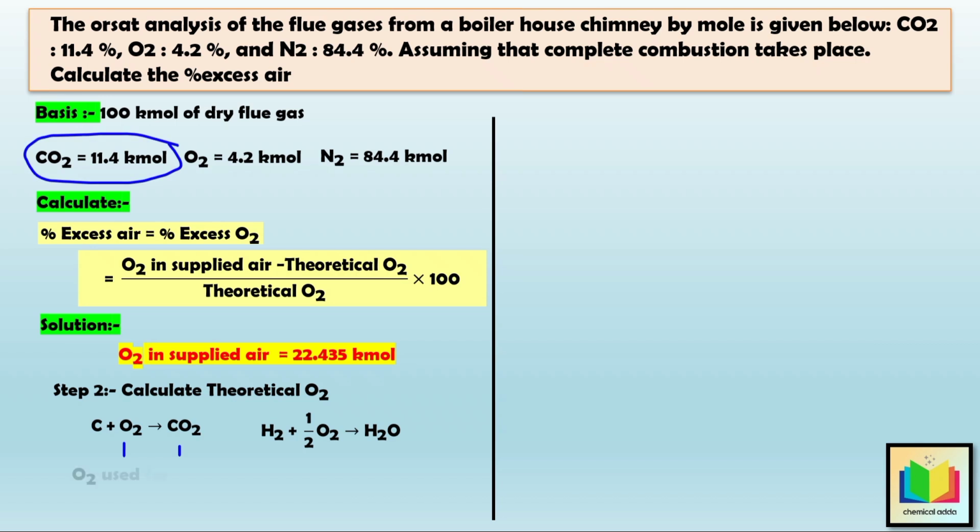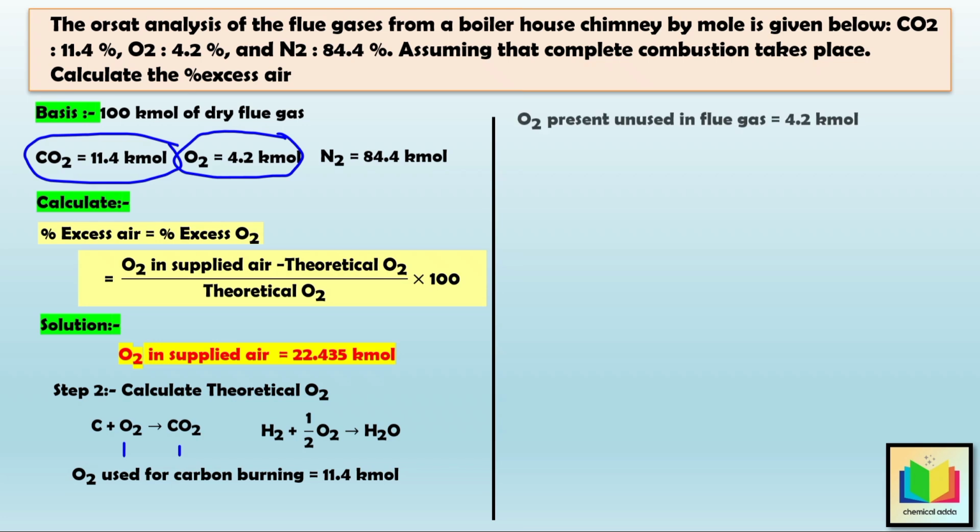Hence we can take O2 used for carbon burning is equal to 11.4 kmol. Then we are given that O2 still present in flue gas is equal to 4.2 kmol, which should be unused. Hence we get O2 present unused in flue gas is equal to 4.2 kmol. Based on this, now we can calculate the O2 accounted.